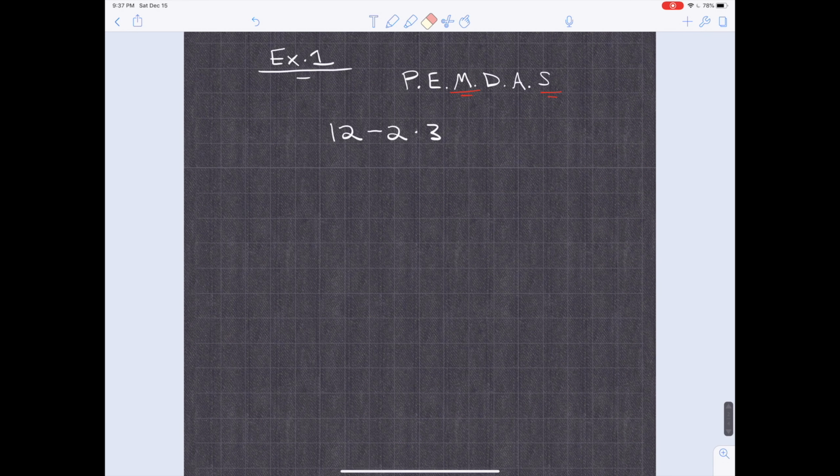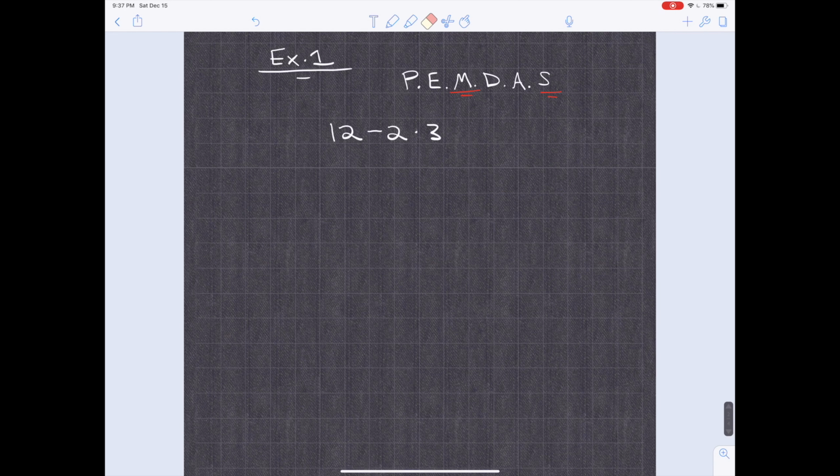For example number 1, you can see that we have 12 minus 2 times 3. And I've also written in shorthand, "Please excuse my dear Aunt Sally," as PEMDAS. That's the shorthand that you can remember. And I've highlighted the two components that we have. We have 2 times 3, so that's going to be our multiplication highlighted in red here. And then we have 12 minus 2, so that means we have subtraction.